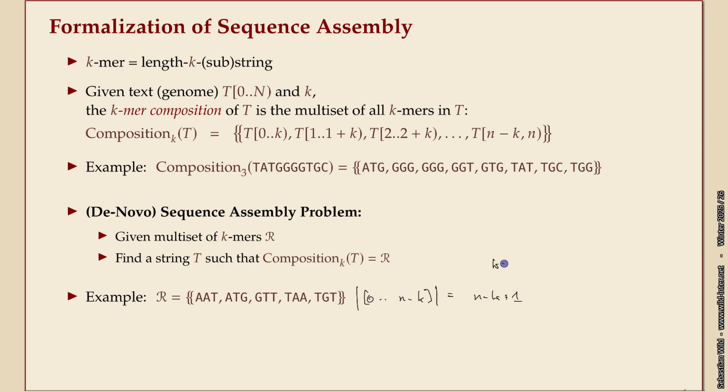So if k is 3, I can work out that from 5 k-mers, what's my n? The other way around, 7.